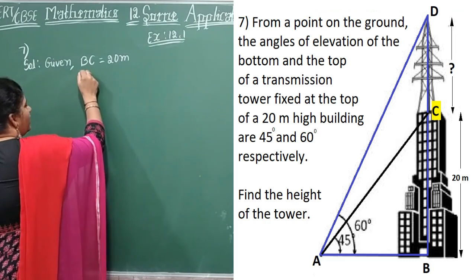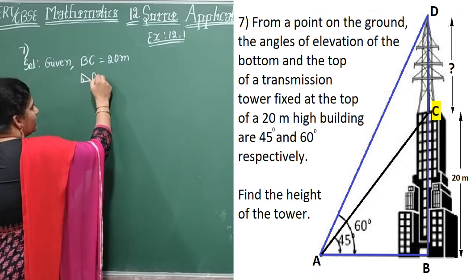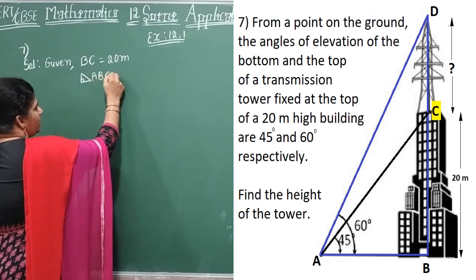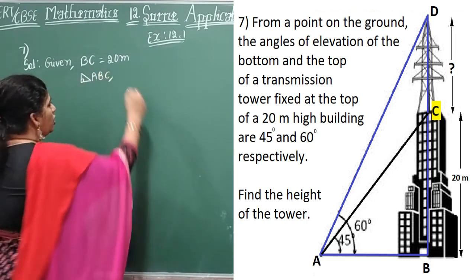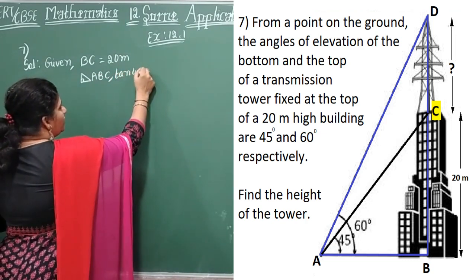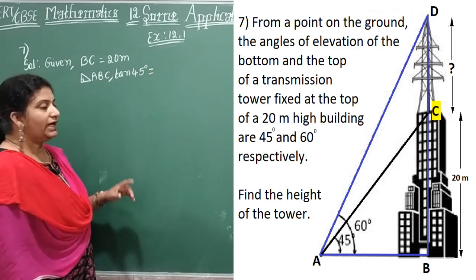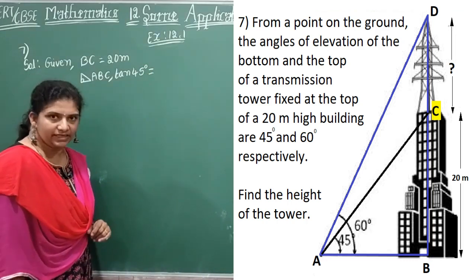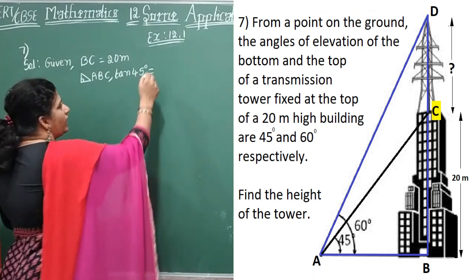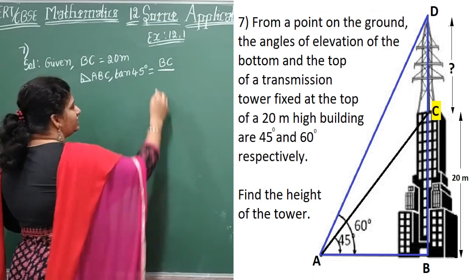Consider right angled triangle. What is a right angled triangle, children? A, B, C. Okay. Tan 45 degree. The angle of elevation is how much there? 45 degree. Tan 45 degree is equal to opposite. What is opposite there? CB or BC? By adjacent.